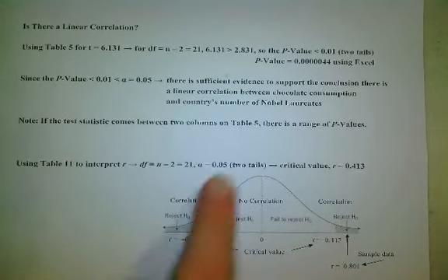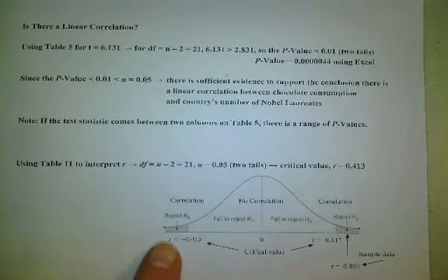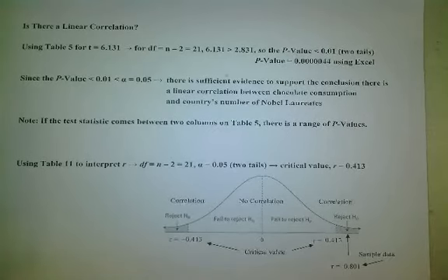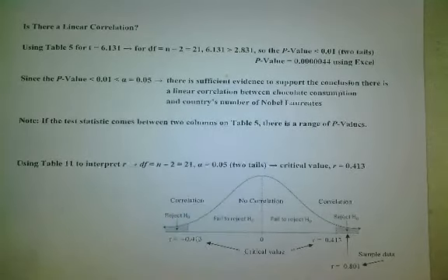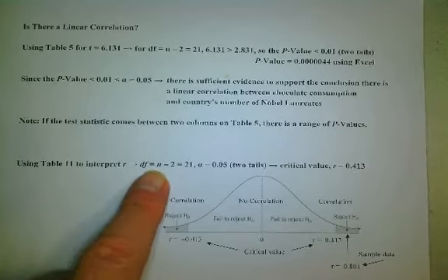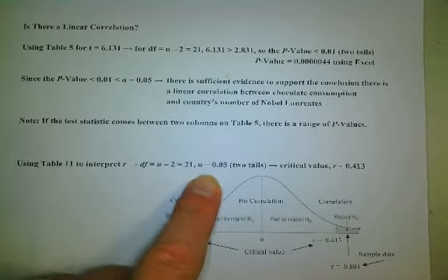Basically, there's no correlation when you're close to the middle, but if you're in the rejection zones, you have alpha on the side. If you had R of 0.413, and this is just a demonstration, the 0.413 comes from our alpha of 0.05 with two tails. And again, degrees of freedom, 23 minus 2, gives us 21.